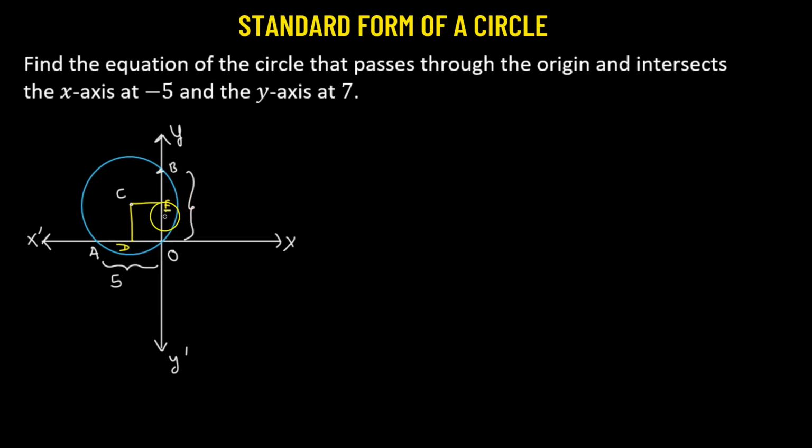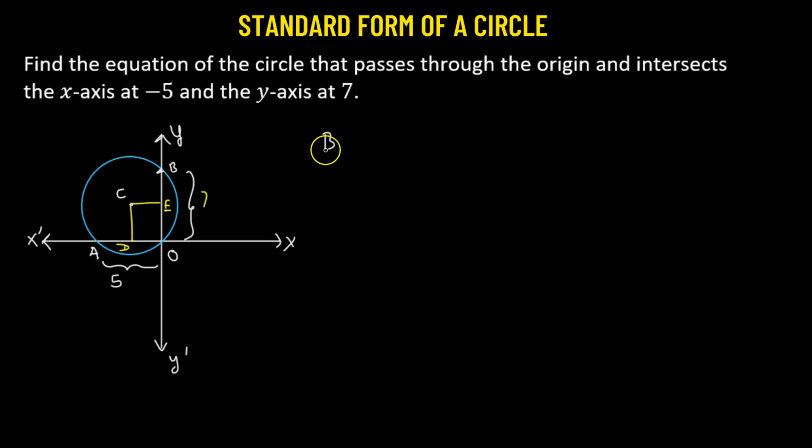Now we know for a fact that any perpendicular line drawn from the center of a circle to its chord is going to bisect that chord, meaning since the length of BO is 7 units, the length of OE is going to be half of 7 units. So let's write it down.